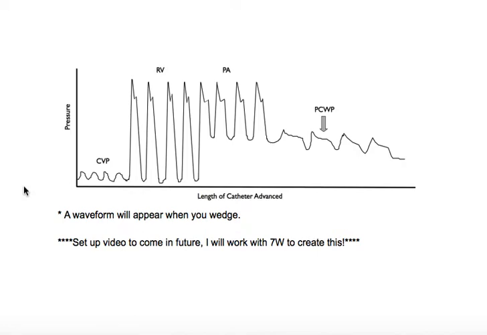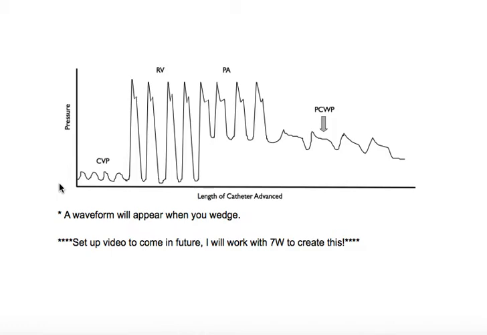Initially when they thread the catheter, you'll see this CVP, which lets us know that the tip of the catheter is in the right atrium. When they progress through the tricuspid valve to the right ventricle, you'll see more of a VTAC looking rhythm. And then once the physician places the catheter in the pulmonary artery, you can see that waveform there. That's exactly where the catheter should be placed, in the pulmonary artery.